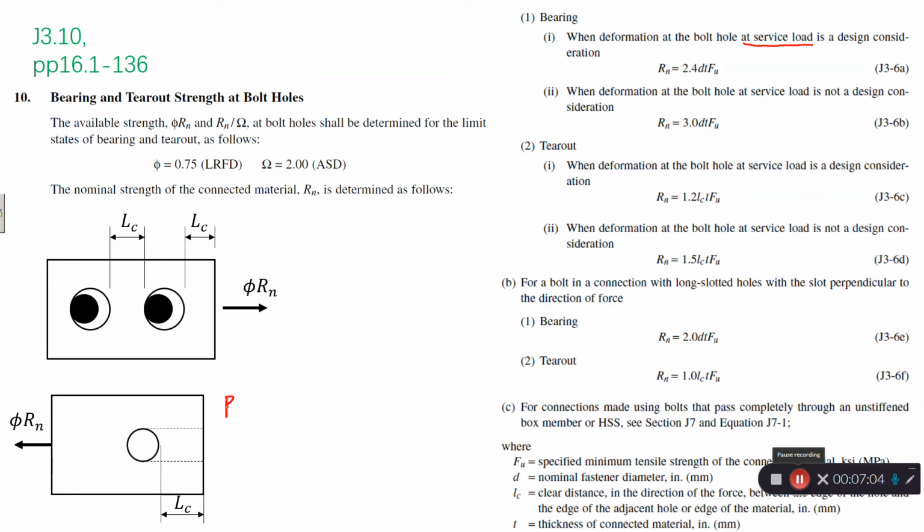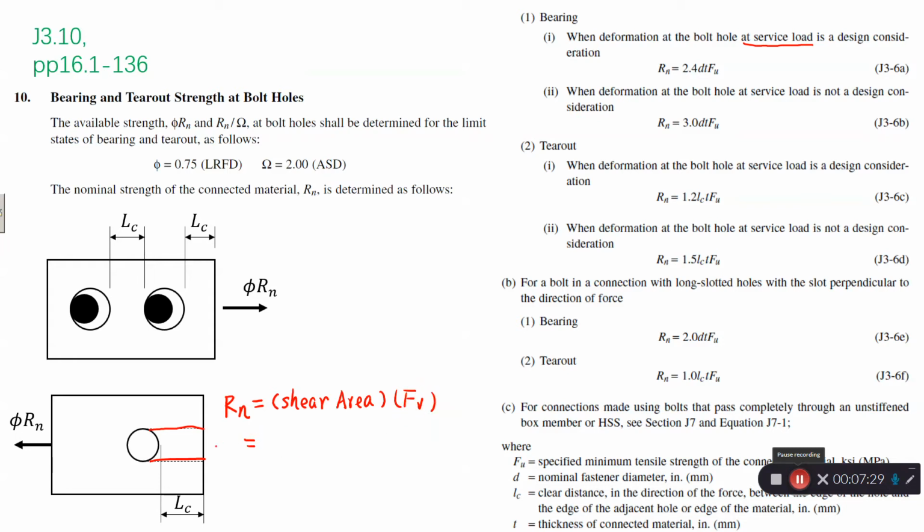Assume it fails along these two planes, so the capacity equals the shear area along the two horizontal planes times shear strength.